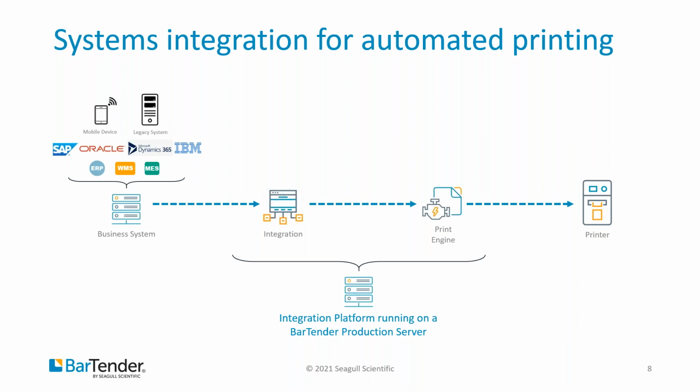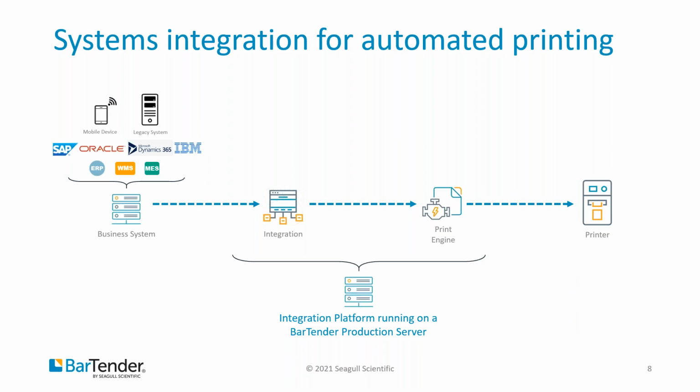BarTender itself in terms of the design and print engine capability, but also the integration platform, is the glue that connects the business system to the world of BarTender. And of course, as was intimated from the previous slide, we are receiving a message from that business system.